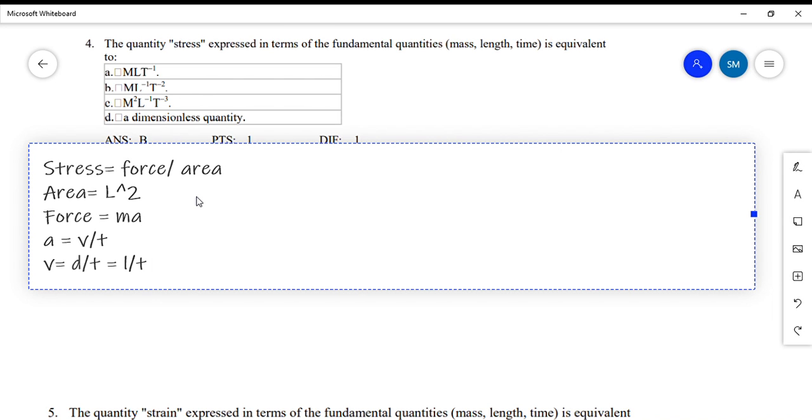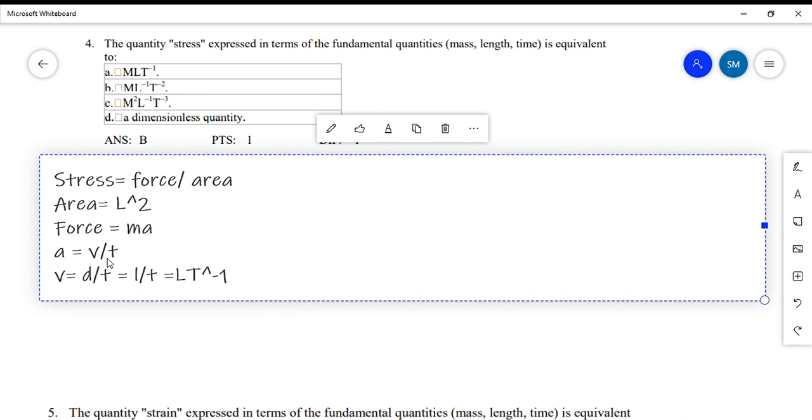We can express it in another way: L T power -1. This is the dimensional formula for the velocity. We have to know the dimensional formula for the acceleration.